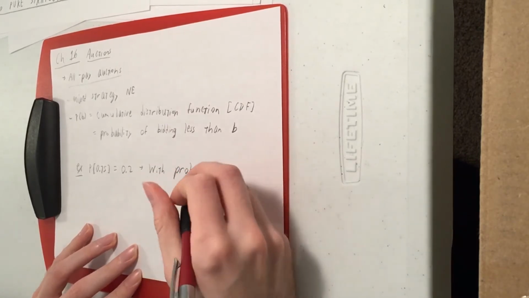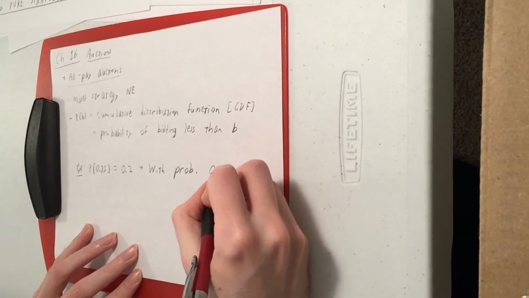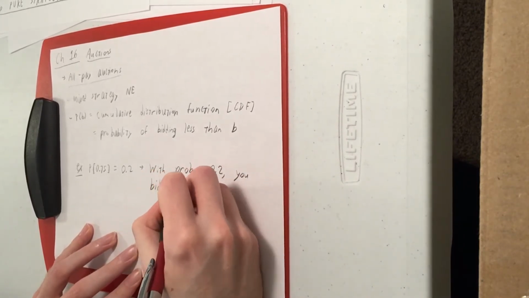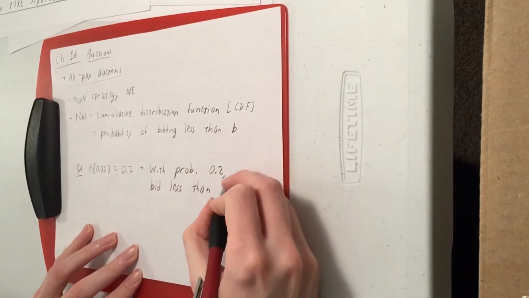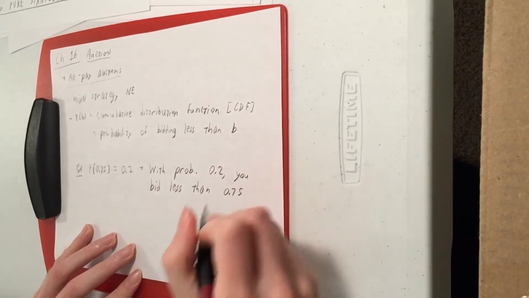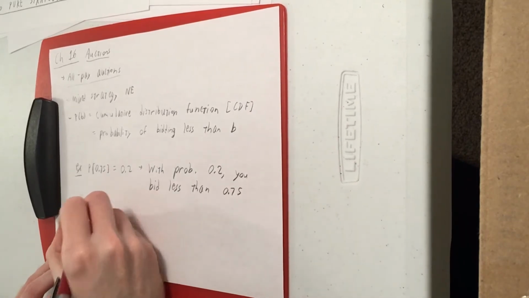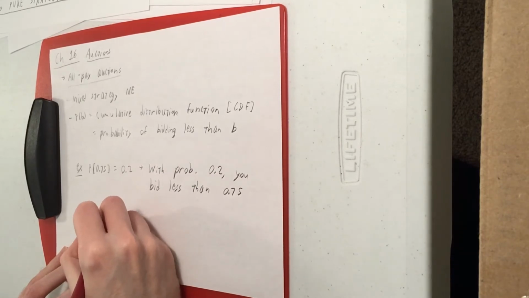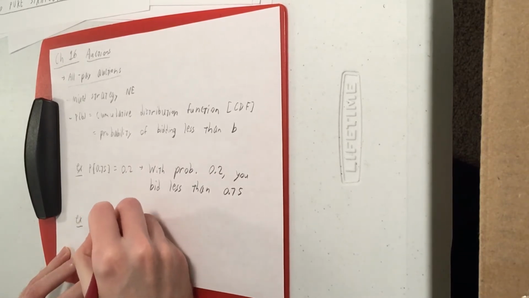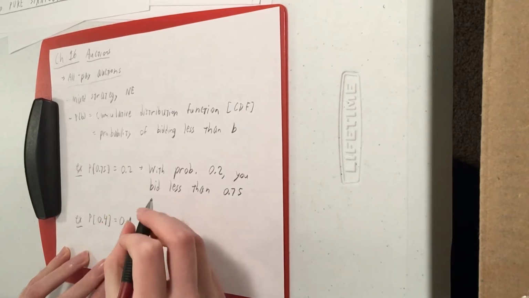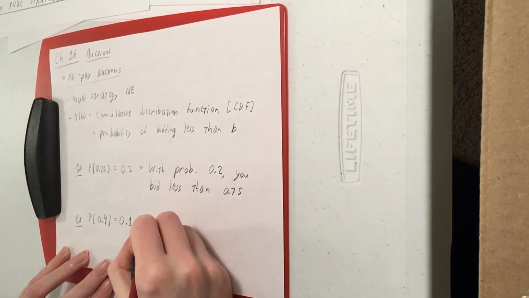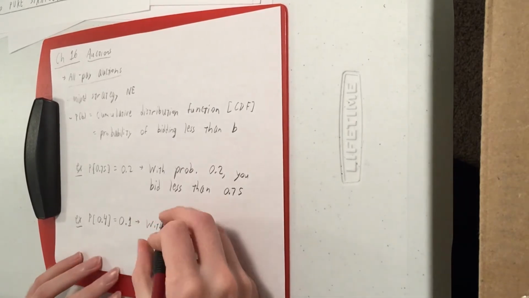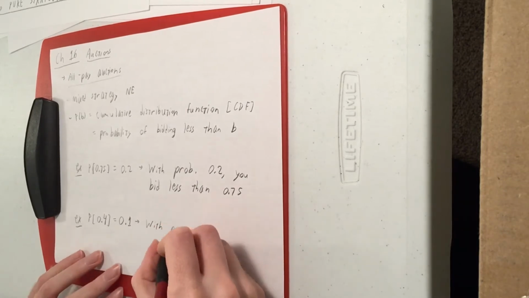I'll use prob here for probability. Here's another example. Let's say that P of 0.4 is 0.1. That means there's a probability of 0.1, 10%, that you bid below 0.4.